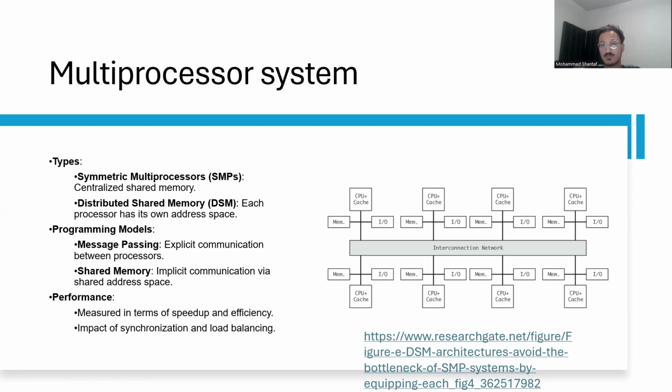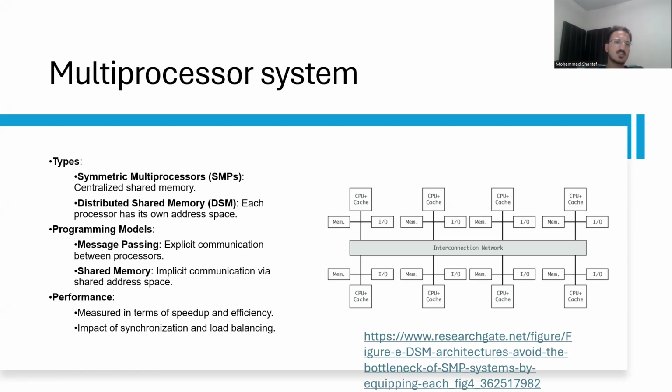Message passing is explicit communication between processors. Shared memory is implicit communication via shared address spaces. Over here, we have a diagram showing an interconnection network and how the CPU caches fit within that, with their inputs and memory, and also their IO and memory.